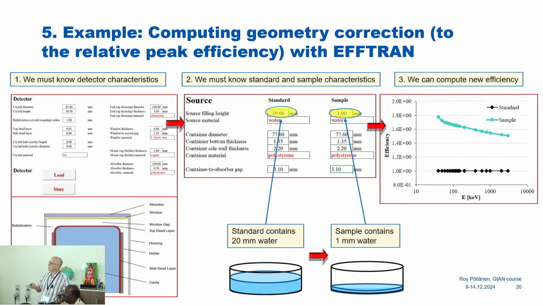Please, if you like, study EFFTRAN. For example, this kind of case. Filling height, in our standard case, 2 centimeters. And if the sample contains, for example, 1 millimeter of water, we can see the difference between the efficiencies.